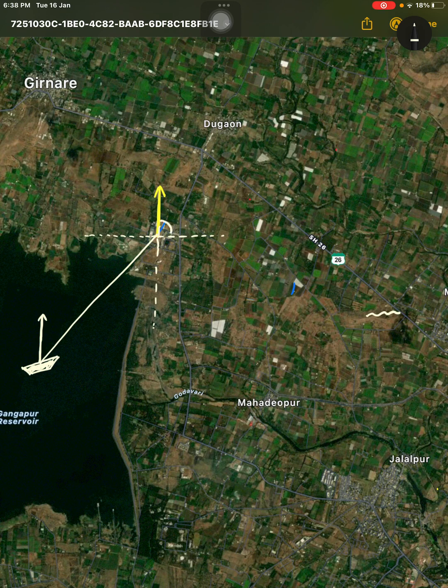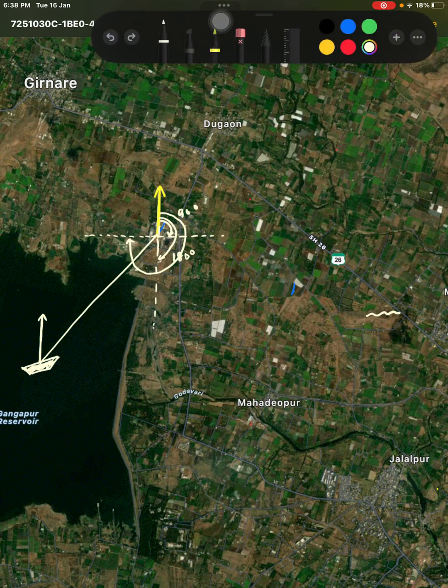For instance, this is 90, this is going to be 180 degrees, going all the way around. This would have until here 270 degrees. So what would be the angle that I have made over here?